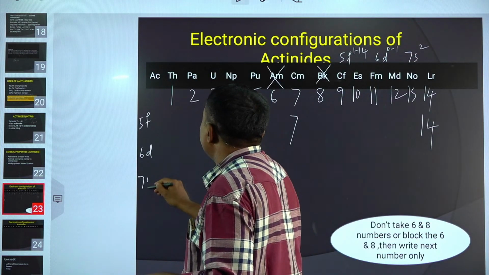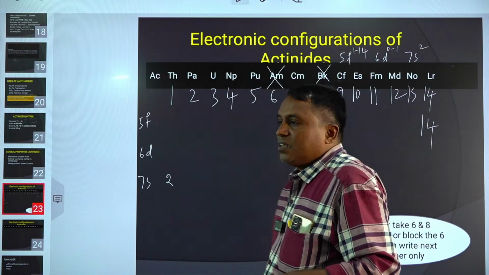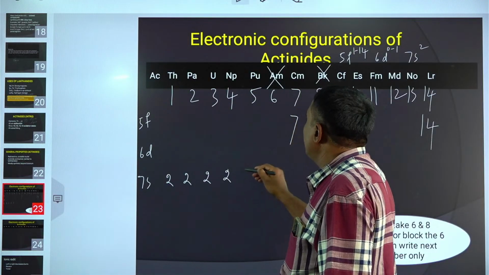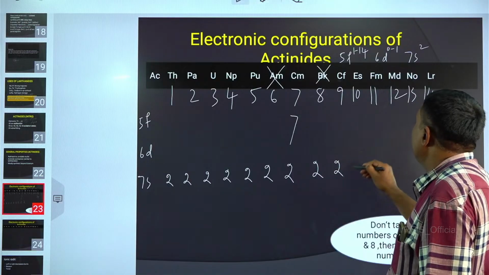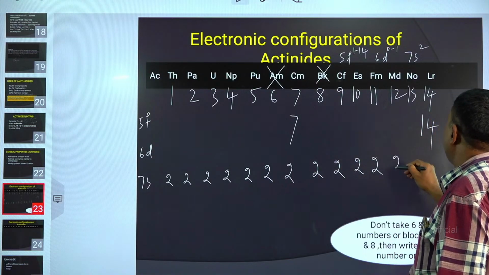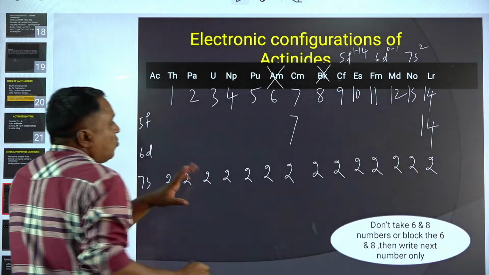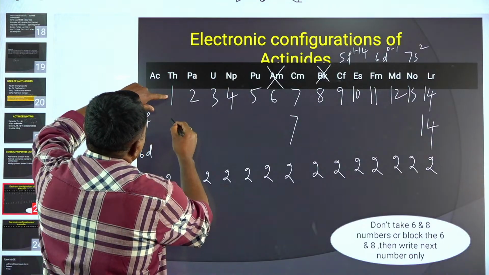And then 7s. In 7s, as with the lanthanides, the numbers are fixed at 2, 2, 2, only 2. In the case of 6d, the first one is 1 only.